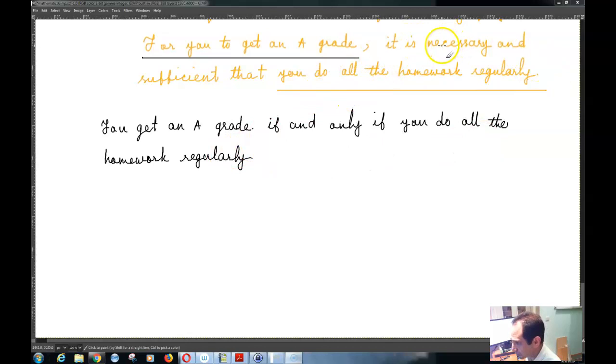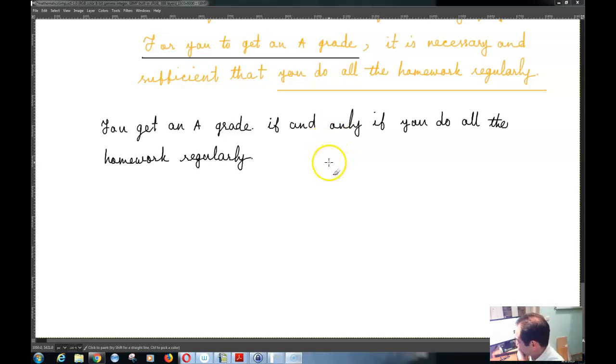So it seems that you put the necessary and sufficient condition as the second sentence, and the other sentence comes over here, something like that. But again, we cannot judge based on some single example.